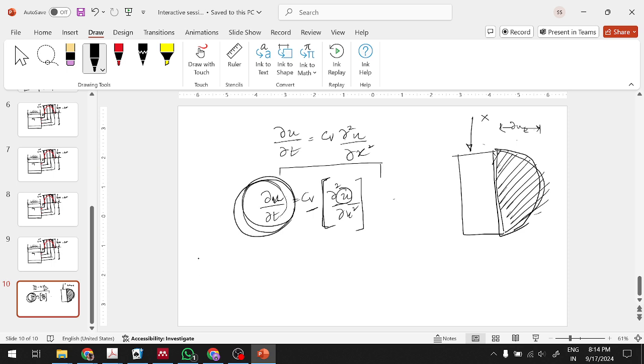First of all, you need initial conditions for this, and you need boundary conditions.